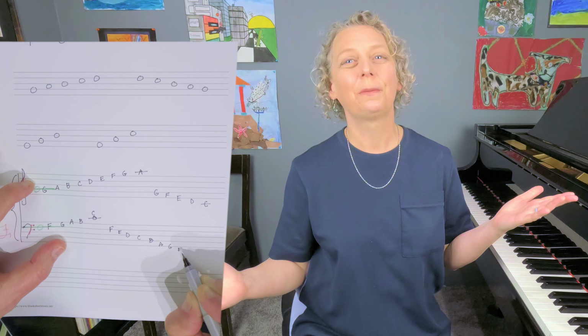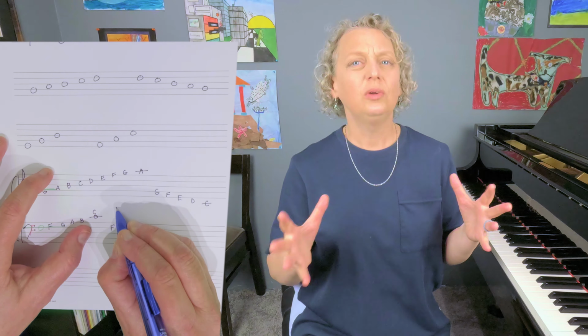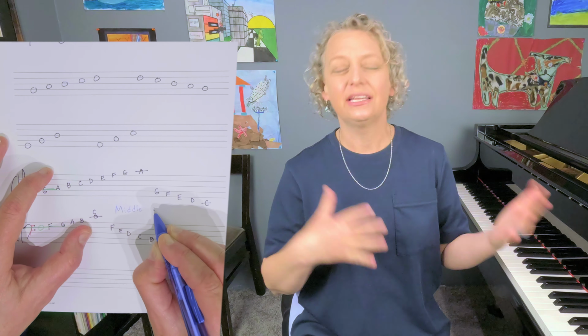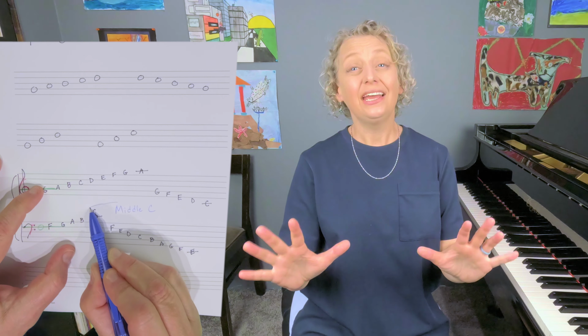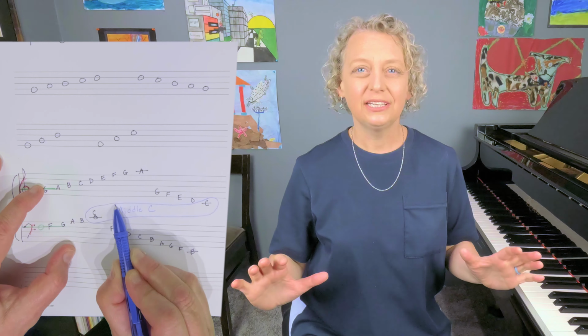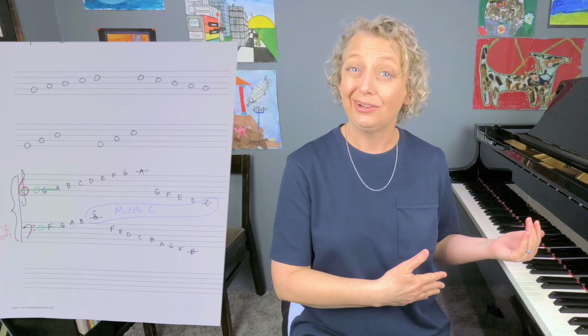A lot of people will ask me why the notes aren't in the same spots on bass clef and treble clef. And the answer is that the bass and treble staves work together as a continuum, just like the keys on the piano.